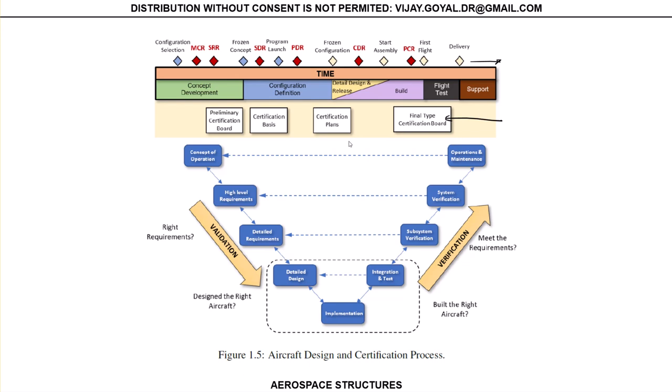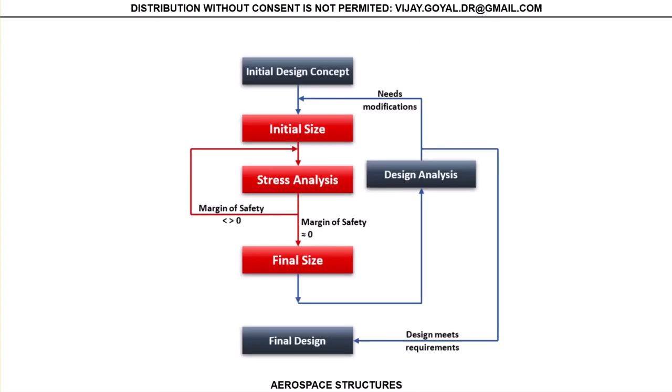Okay, so how do we actually, as aerospace structures engineers, fit into the big picture? The structural engineers fit in this diagram here. If you would, think about a nice triangle, okay? And in this triangle, one spot is what we call cost, the other spot is what we call schedule, and the other spot is what we call weight.